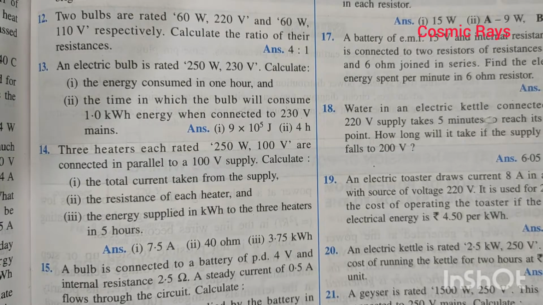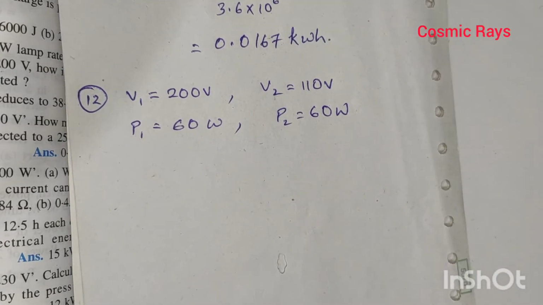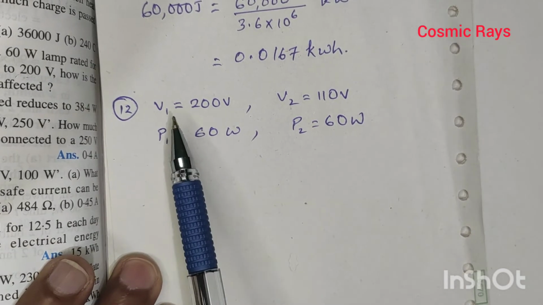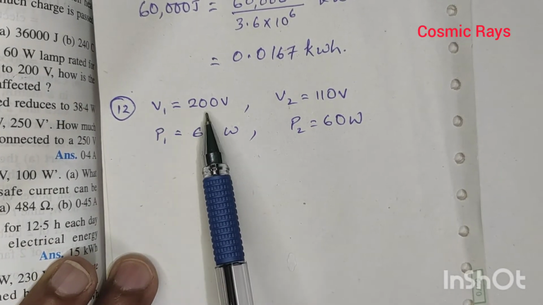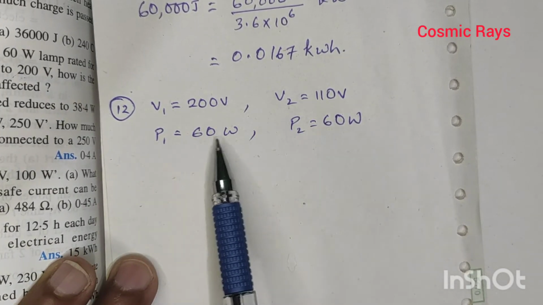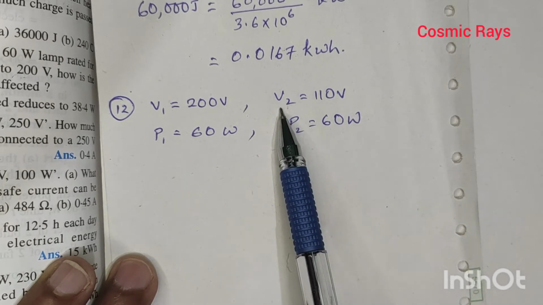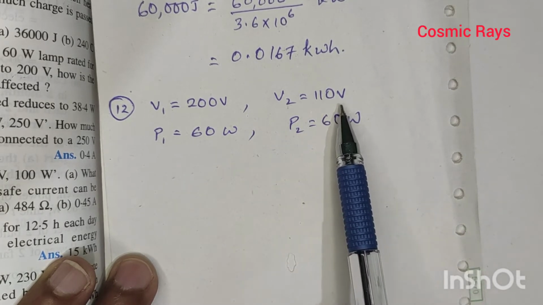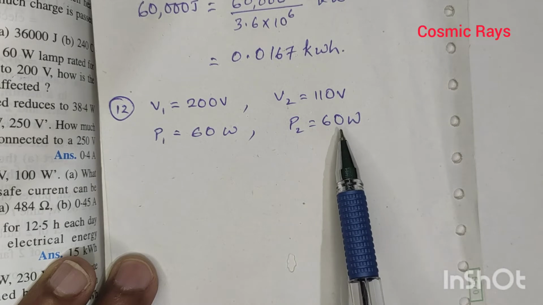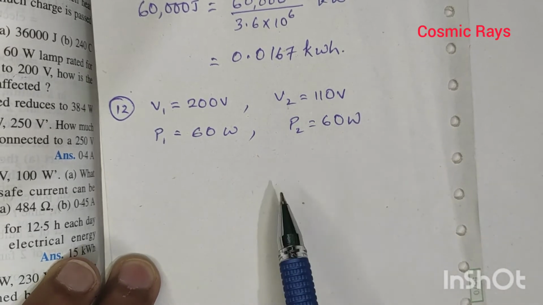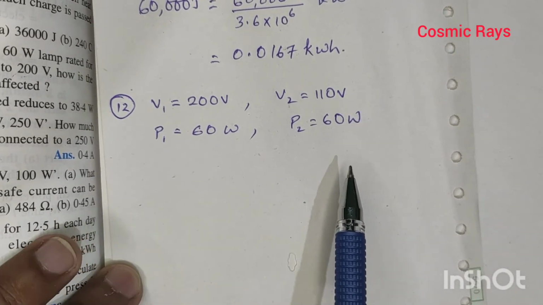So let's write the given things. So here we have written the given things. The voltage for the first appliance is 200 volts and power is 60 watt. Voltage for the second appliance is 110 volts and the power is the same, that is 60 watt. Now we have to calculate the ratio of their resistances.